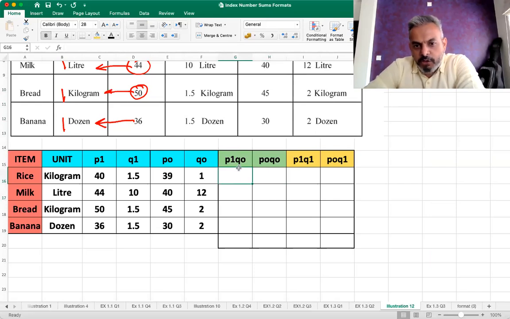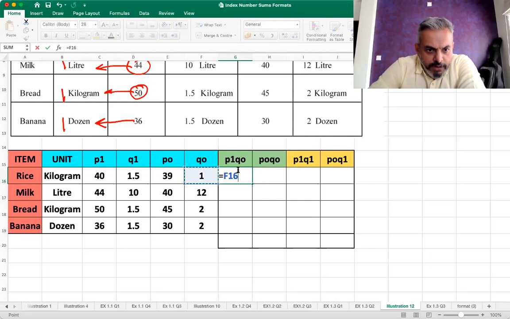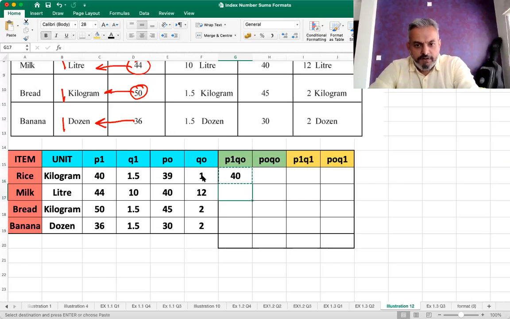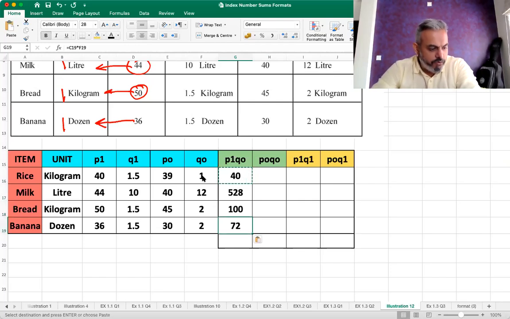So P1Q0. So P1 into Q0. So 40 into 1, 44 into 12, 50 into 2, and 36 into 2, 72.